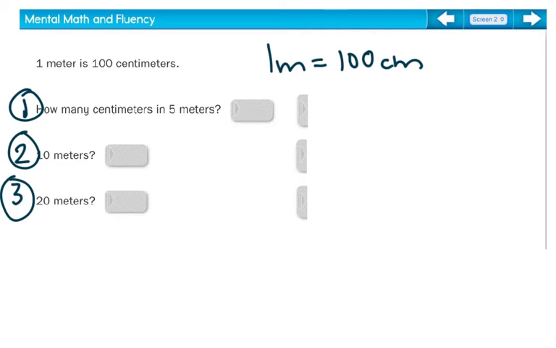How many are in 10 meters? And how many are in 20 meters? So remember, we're going to take times 5, so you can just write your answer. So 5 times 100, 10 times 100. Go ahead and pause the video.